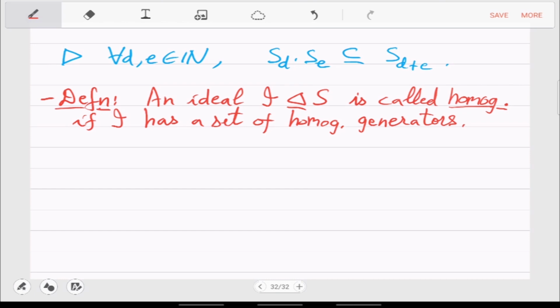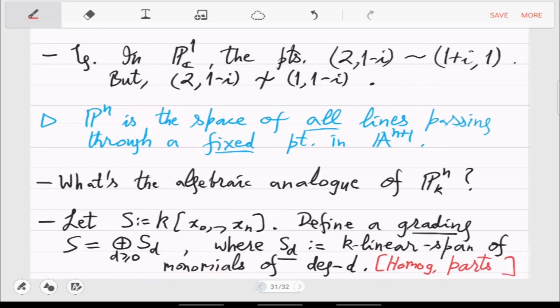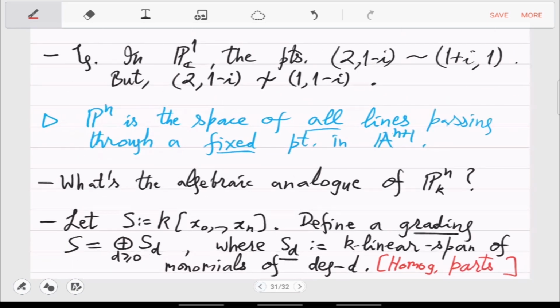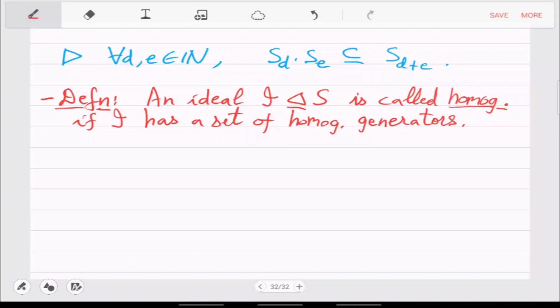Now recall again, note here that homogeneous generators does not mean that every polynomial in the ideal is homogeneous. S is as before, defined here. S is the polynomial ring with one more variable than the target. So the target will be projective n space, but we have to keep an extra variable to see things algebraically. Okay, so if an ideal is homogeneous, then a simple proposition.